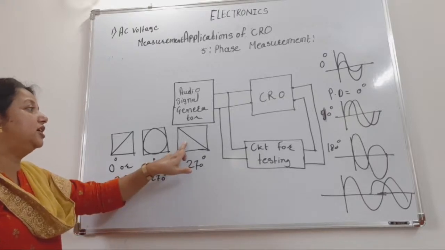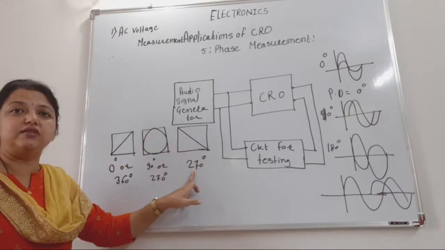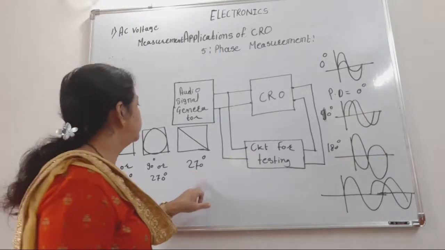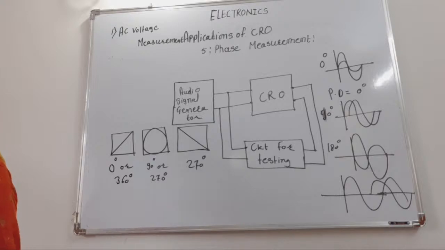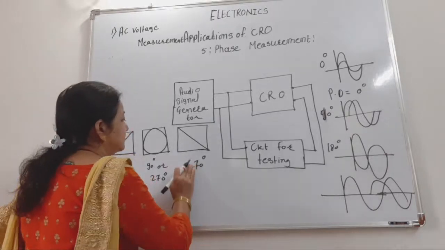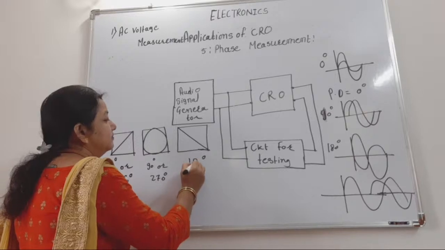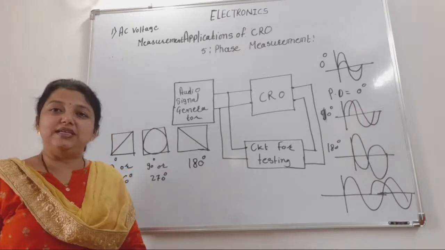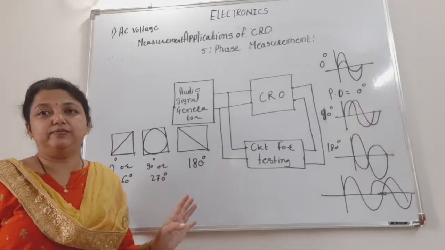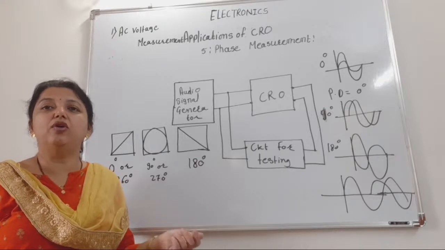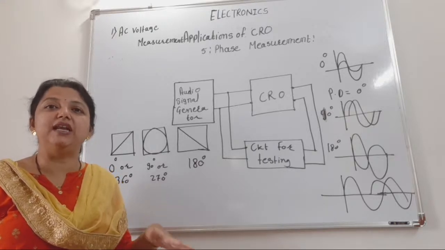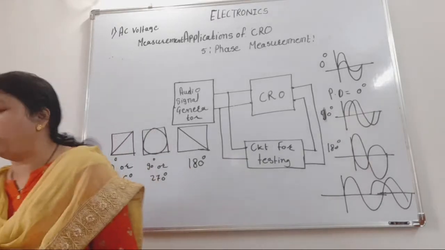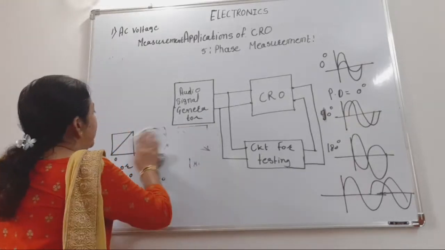If we see the pattern on CRO like this, then the phase difference is, sorry, 180. Okay. Now if the phase difference is other than this, maybe 30, 35, 50 like that, then you see the pattern of an ellipse on a screen of CRT. The pattern like this.